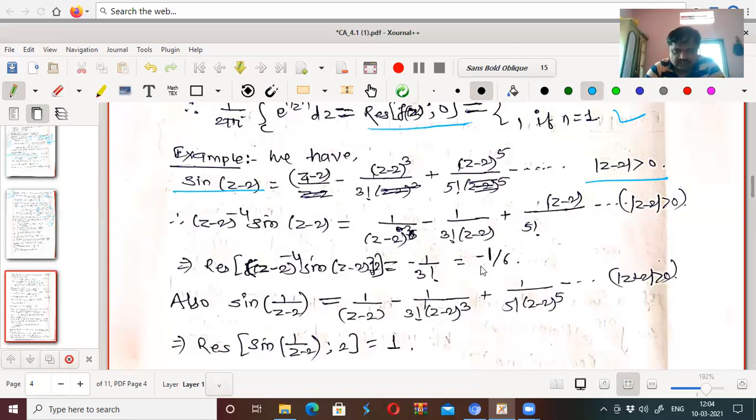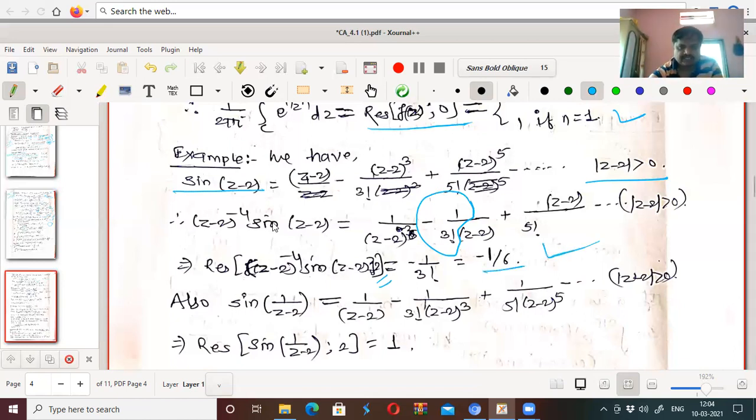Now here the coefficient of 1 upon (z - 2) is minus 1 upon 3 factorial. Therefore, the residue of (z - 2)^(-4) sin(z - 2) at z equal to 2 is minus 1 upon 3 factorial, that is minus 1 upon 6.